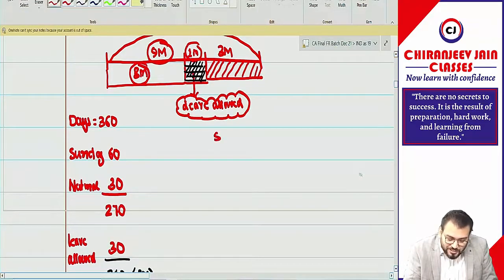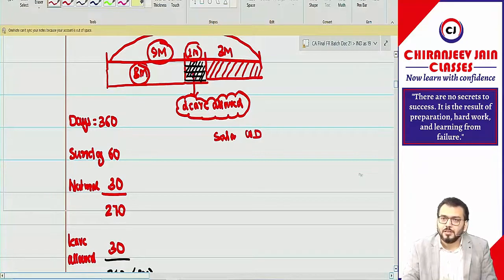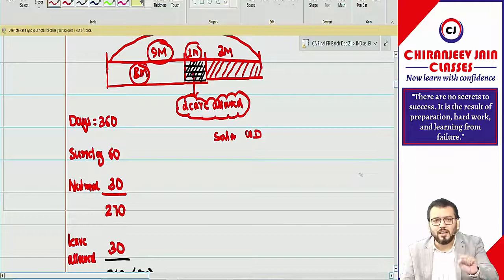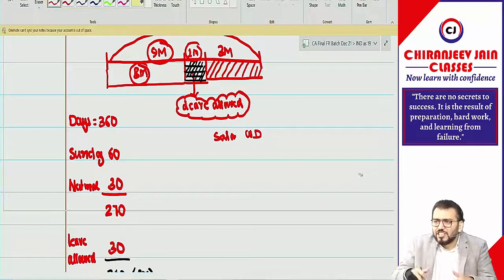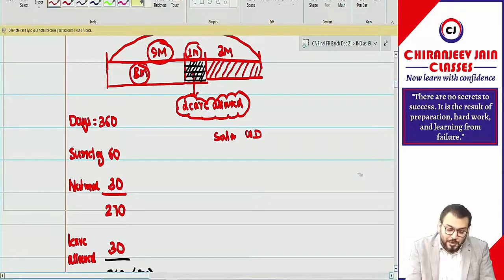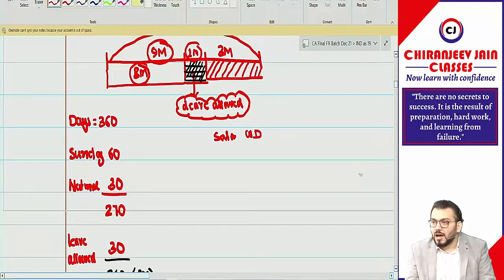Whenever I am saying salary per working day, leave was allowed for 1 month, so that should not be considered, because that is not a working day. I hope you are understanding. And if you are considering it, then why provision? Are you able to understand?